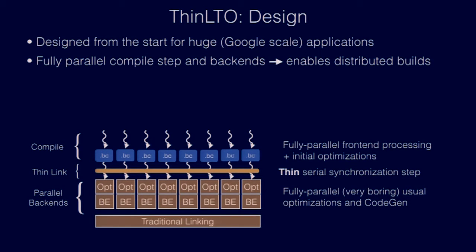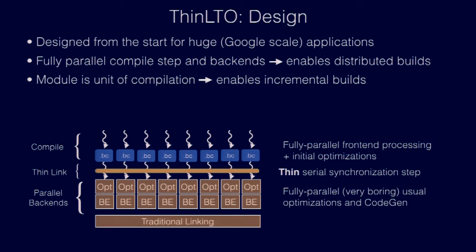But we need a small thin layer of synchronization after generating the bitcode files. And because it is all parallel and those backends are not connected to each other, it is incremental, because we can just run the single backend that changed.